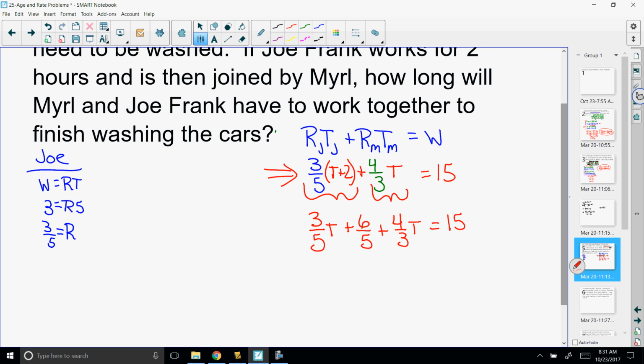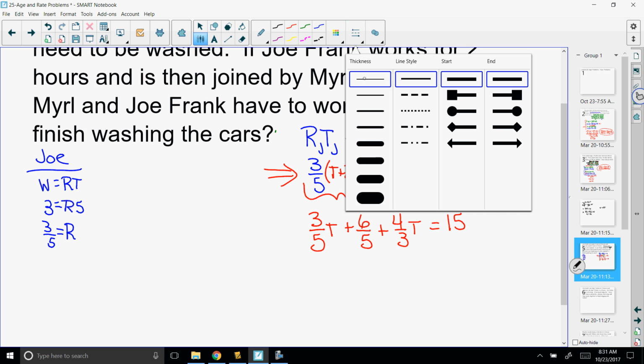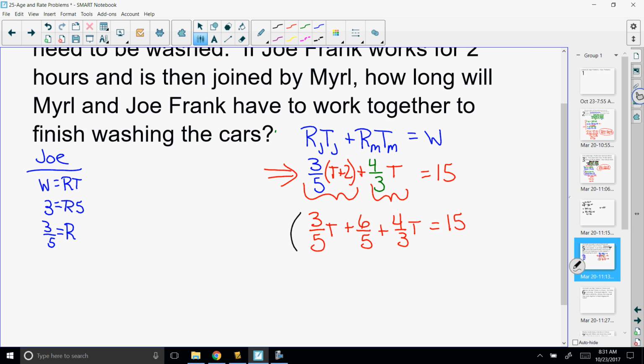Do you want to get rid of the fractions, or would you just use your calculator? Get rid of the fractions? I don't like those two colors together when I work through it. All right, to get rid of the fractions, what are we going to have to multiply by? 15. Distributive property means I need to multiply each term times 15.